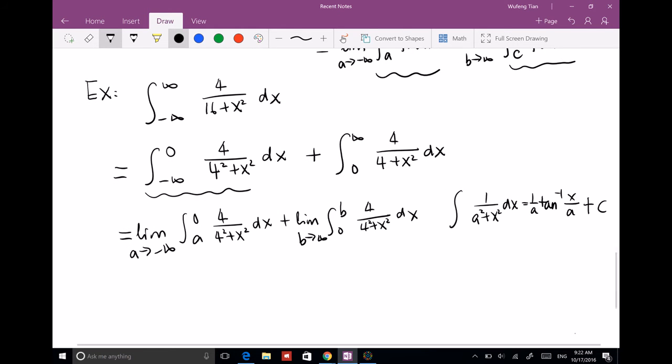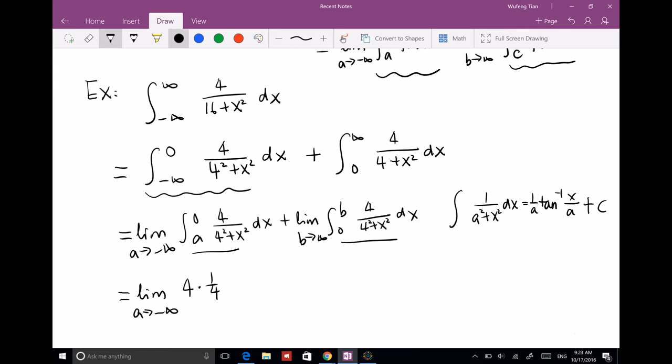Now these two are kind of finite, so you can treat them as definite integrals. I changed the infinity into the limit. So it's the limit as a goes to negative infinity of 4 times 1/4, because the numerator is 4.